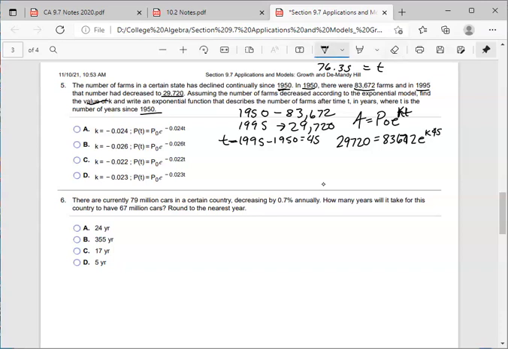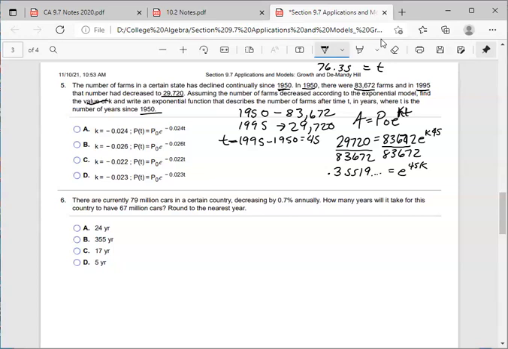Does everybody understand where we came up with that formula? So now I'm trying to find out what K is. I'm going to divide both sides by 83,672. 0.35519, it keeps going, is equal to E. And I'm just putting the 45 in the front because I like it that way.